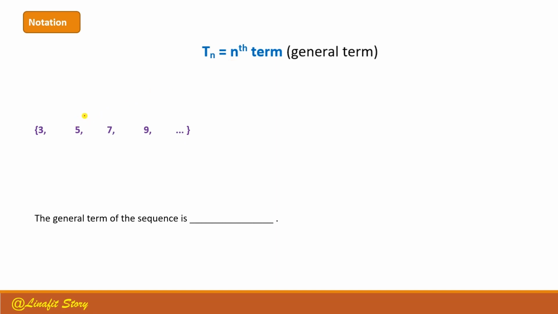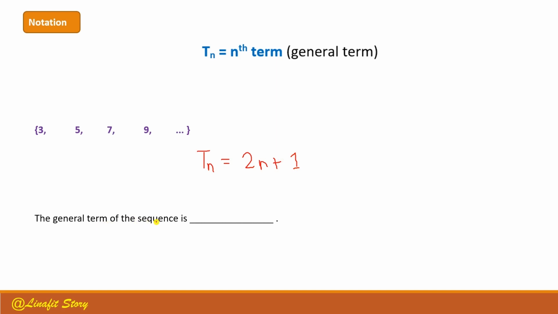So, a rule for 3, 5, 7, 9, and so on can be written as an equation like this. Cn is equal to 2n plus 1.